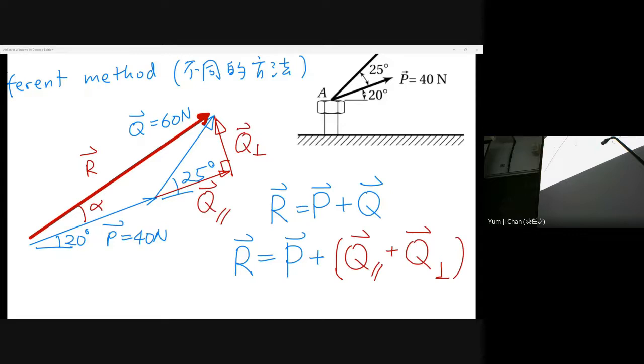Why do we do this? Because P and Q parallel are in the same direction, so we can add them easily.